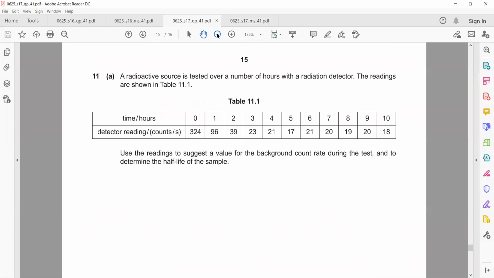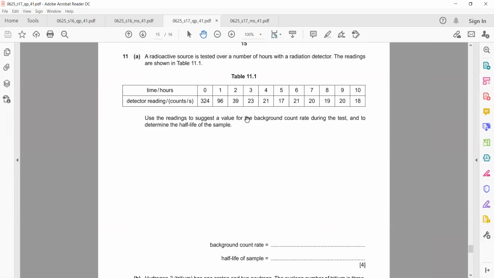Okay, in this question number 11, normally you'll find the last question is from atomic physics. A radioactive source is tested over a number of hours with the radiation detector.